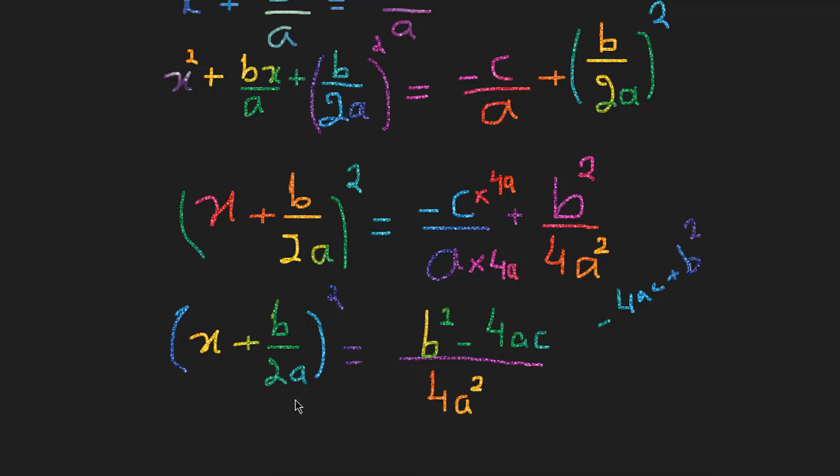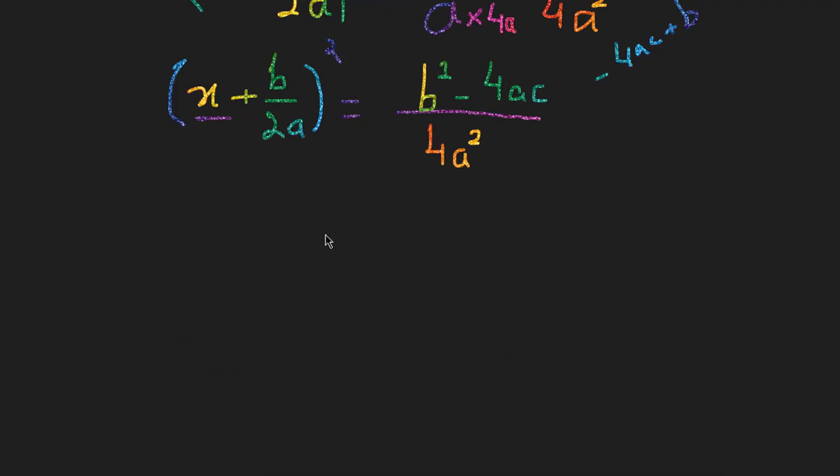Now in the next step, I'm going to take the square root on both sides to solve this equation for x, or you can say to make x the subject. So let's put the square root on both sides.